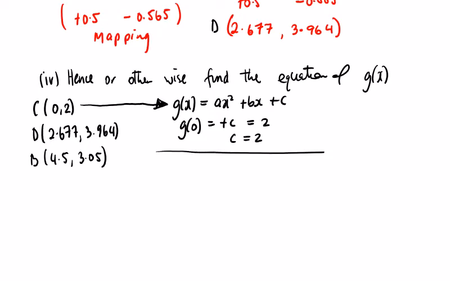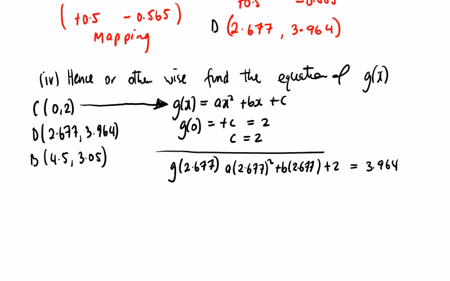So if we sub 2.677 in, g of 2.677 is going to be equal to 3.964. So we're going to get a by 2.677 squared plus b by 2.677. Let me just give myself a bit more room. And then c we've already worked out to be 2, and that's going to be equal to 3.964.